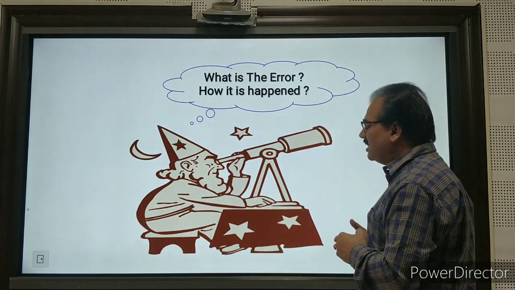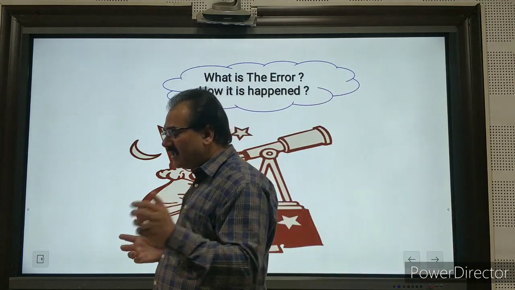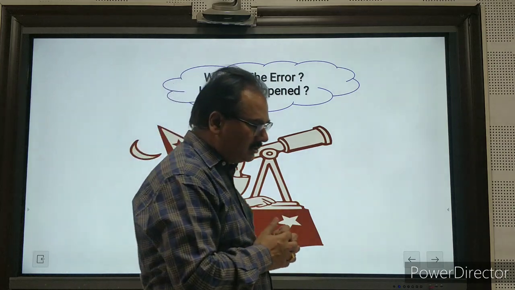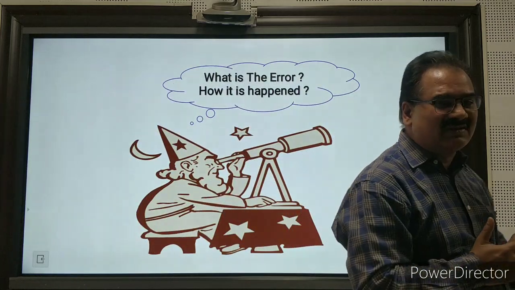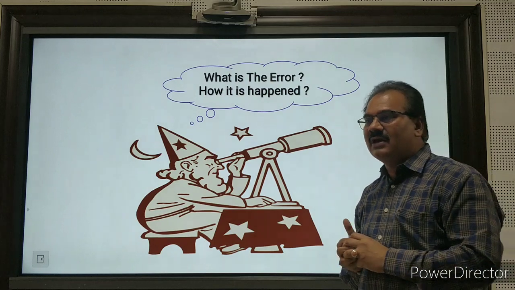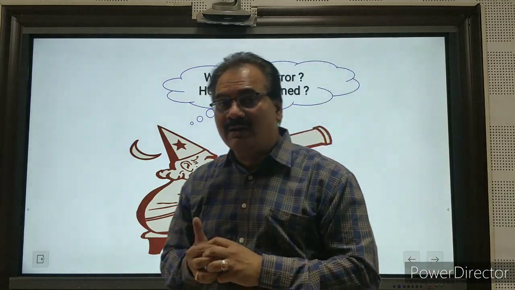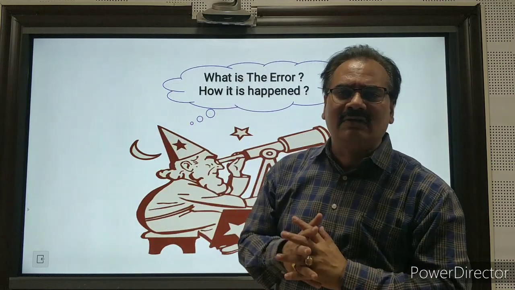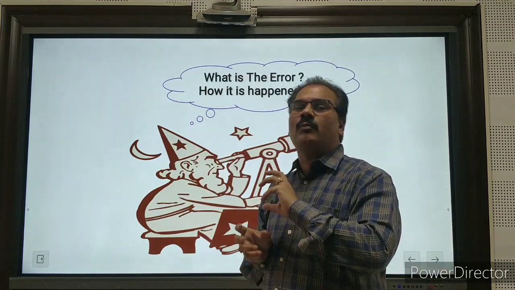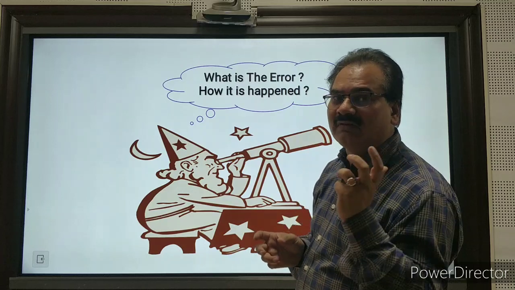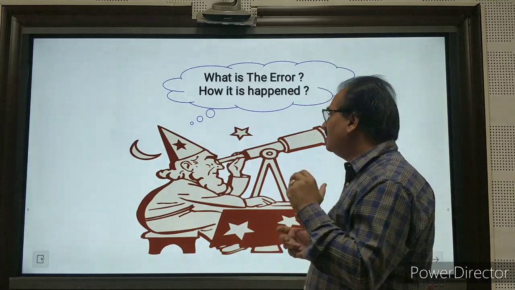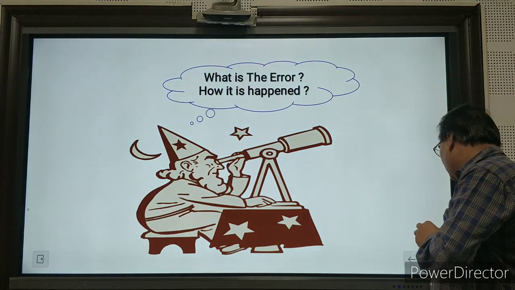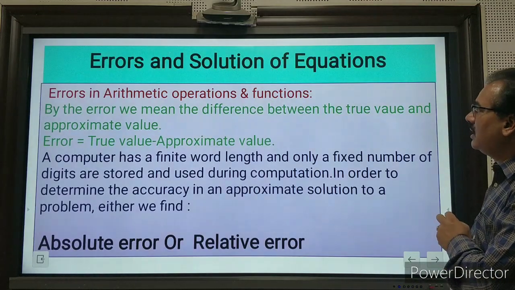Similarly, whenever we deal with infinite series like the exponential series, logarithmic series, sin x, cosine x, there is always a scope of approximation of the series. In such situations errors arise. So what is the error and how does it happen, we will discuss in today's lecture.